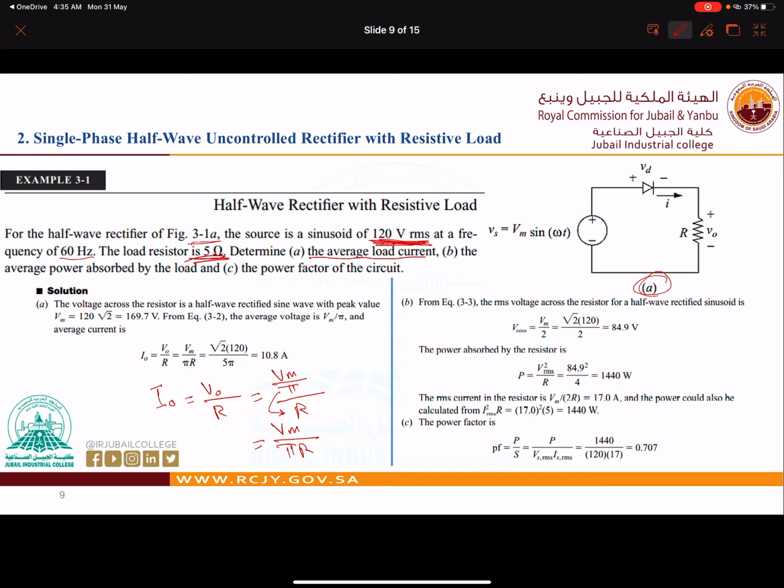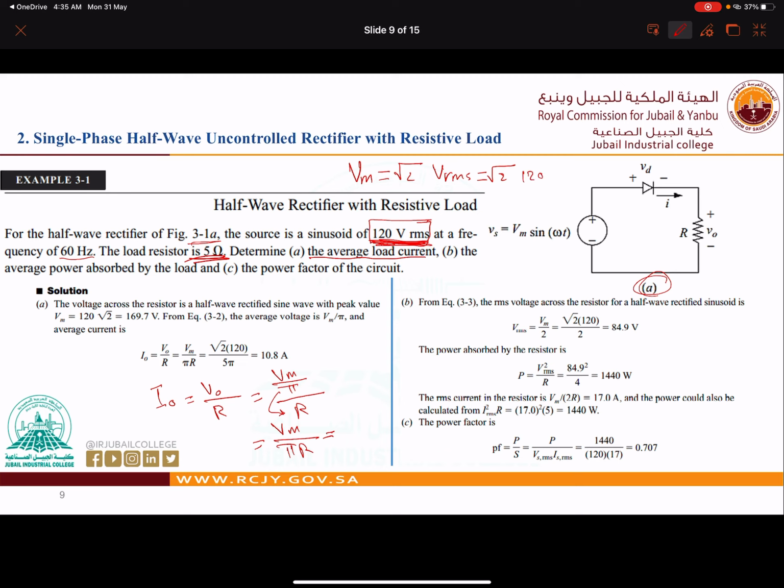Okay. Now, how much is V out? V out is not given. We have V RMS, right? We know that V maximum is equal to root 2 V RMS, and V RMS is 120.